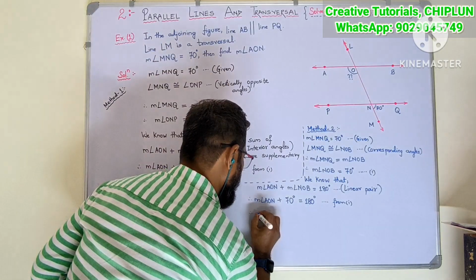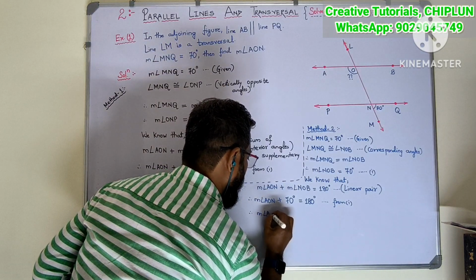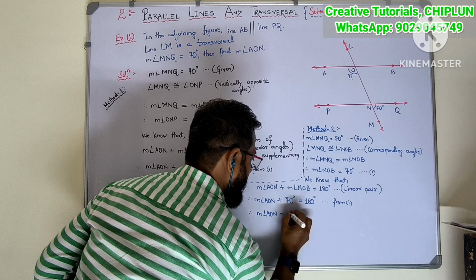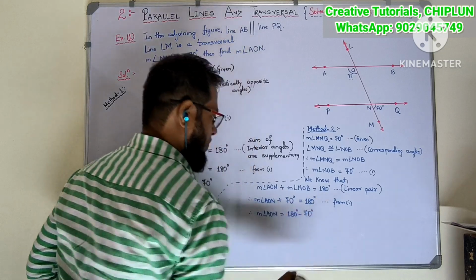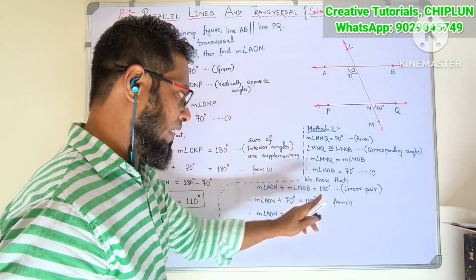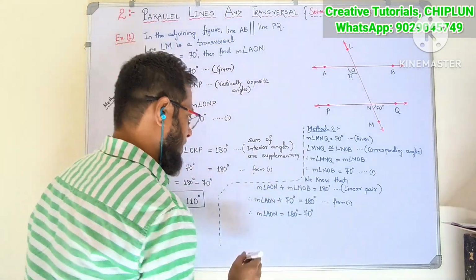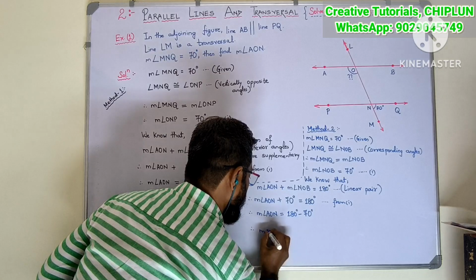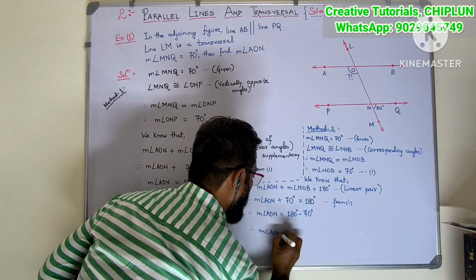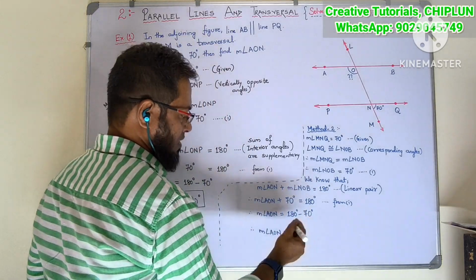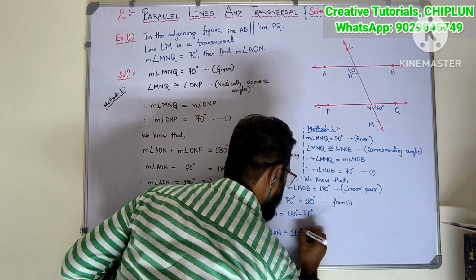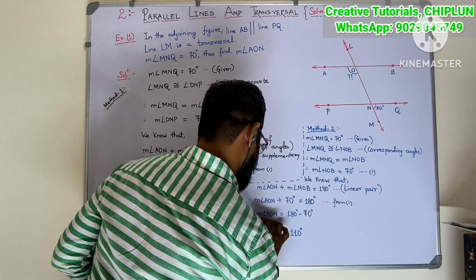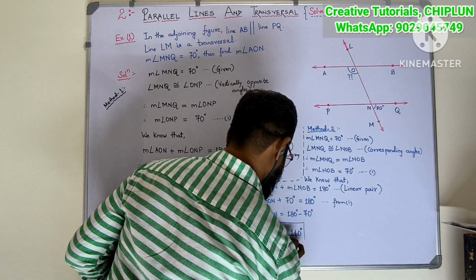Therefore measure angle AON is equal to 180 degrees minus 70 degrees. This 70 is going on that side, so it becomes minus 70. Therefore measure angle AON is equal to 180 minus 70, which is 110 degrees. And this is nothing but our final answer.